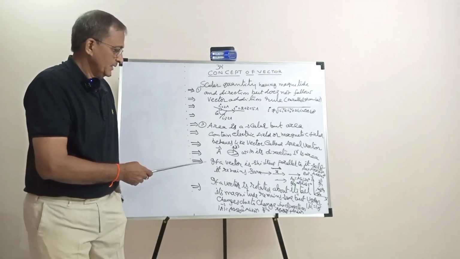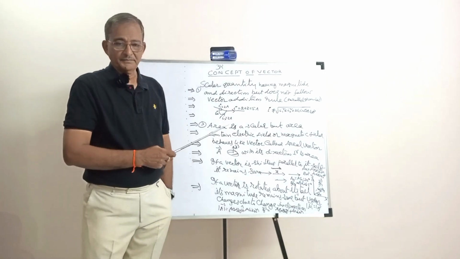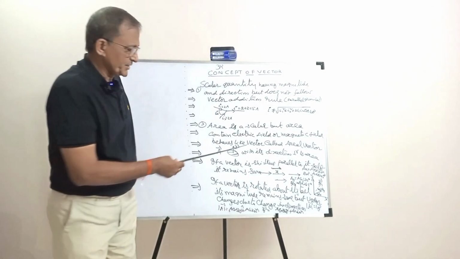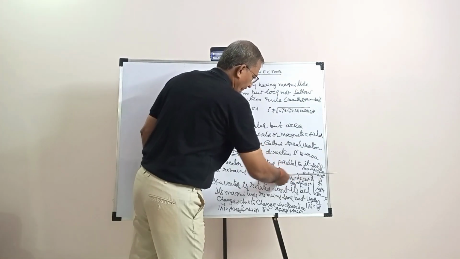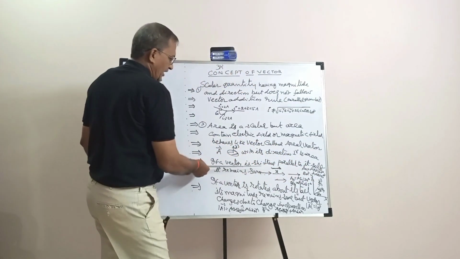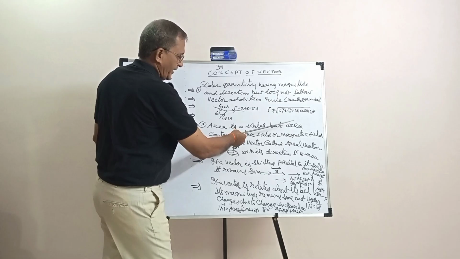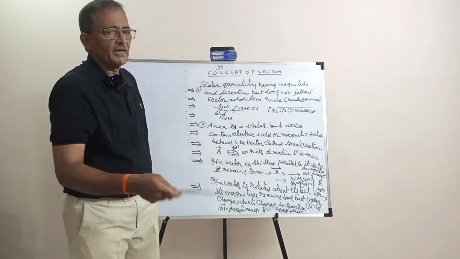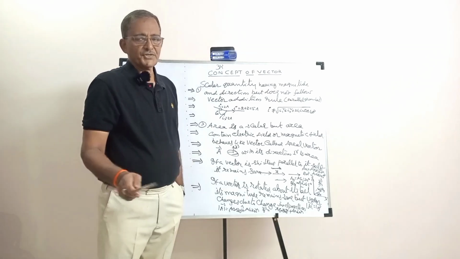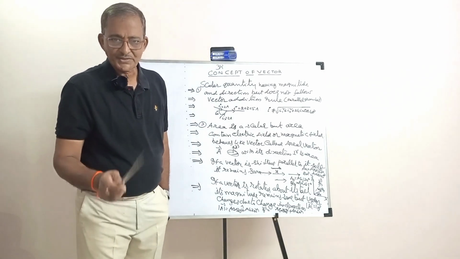Regarding the properties of a vector, if a vector is shifted parallel to itself, either in the forward direction, backward direction, upward direction, downward direction, or any direction parallel to itself, the vector does not change, it remains as it is.